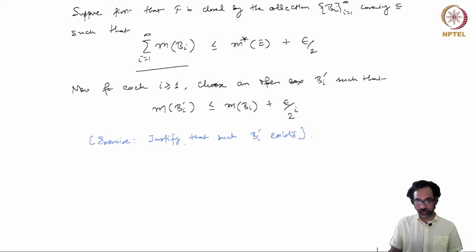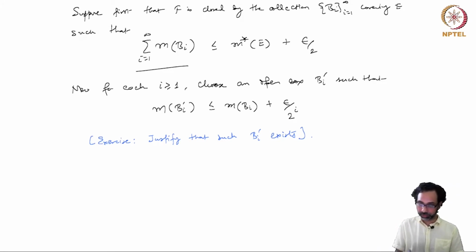In fact one can choose any arbitrary epsilon and still find an open box Bi prime such that m(Bi prime) is less than or equal to m(Bi) plus epsilon. That's all we need to prove. It's an exercise which I leave to you to justify that such open boxes exist.